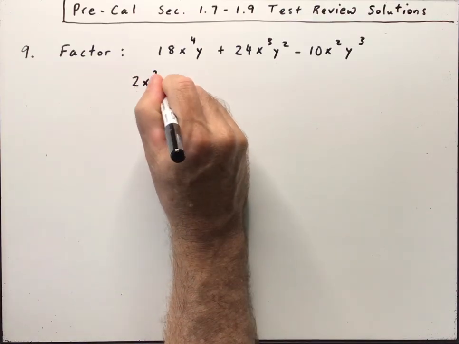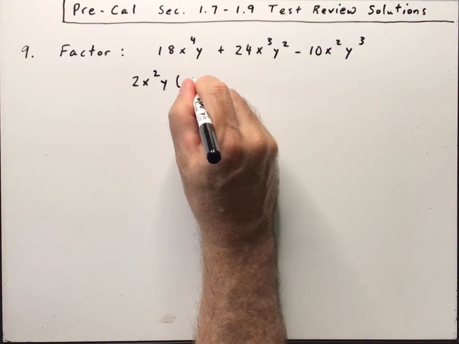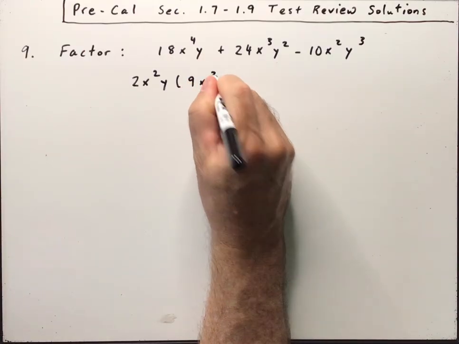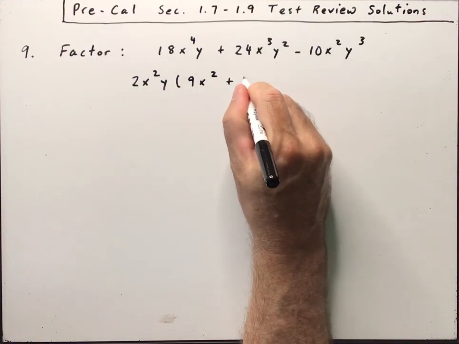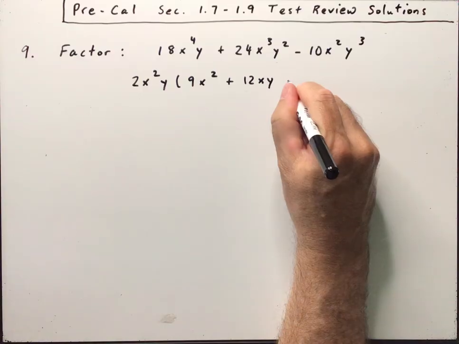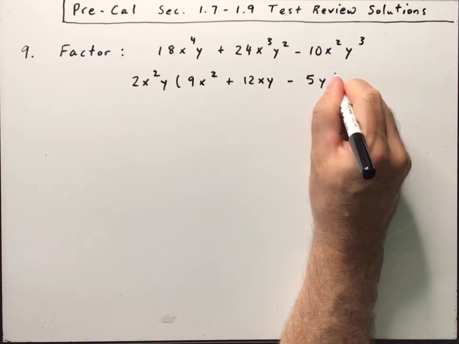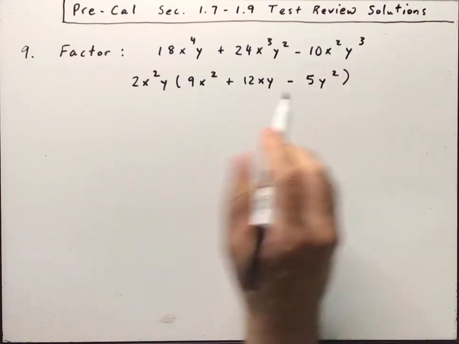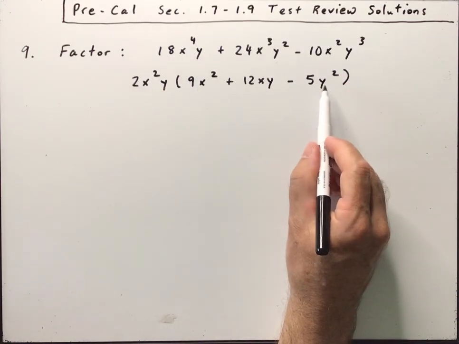So let's try that: 2x squared y and see what we're left with. That's going to be 9x squared, and then in the center we would have plus 12xy, and then minus 5y squared. Now 9x squared is a perfect square, but 5 is not.